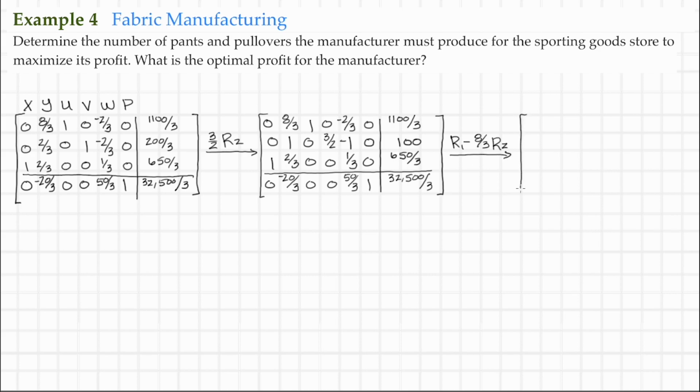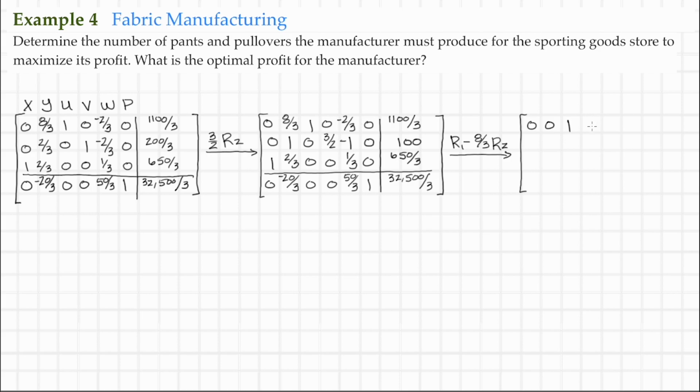Put in our bracket. 0, 0, and 0. 1 times 8/3 is 8/3. 8/3 minus 8/3. There's 0. 0, 0, and that'll be 1. 3/2 times 8/3, that's 4.